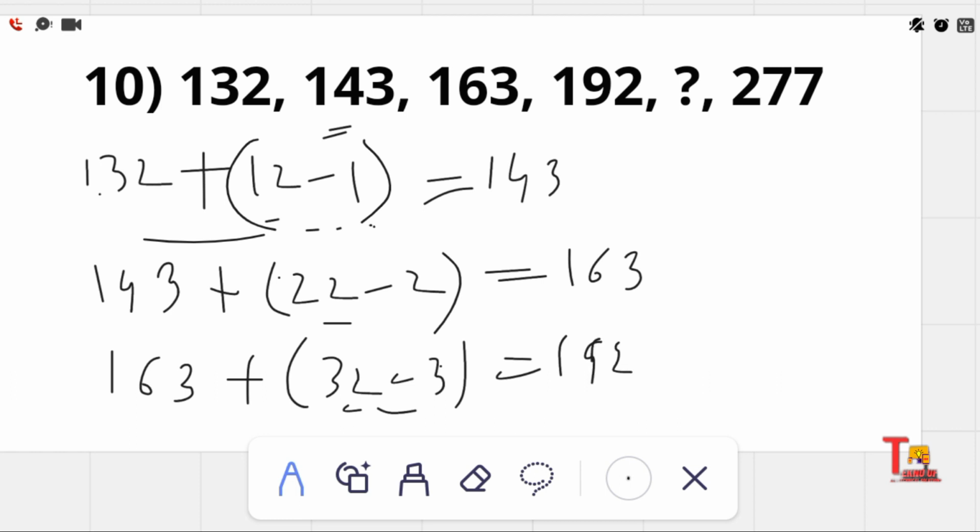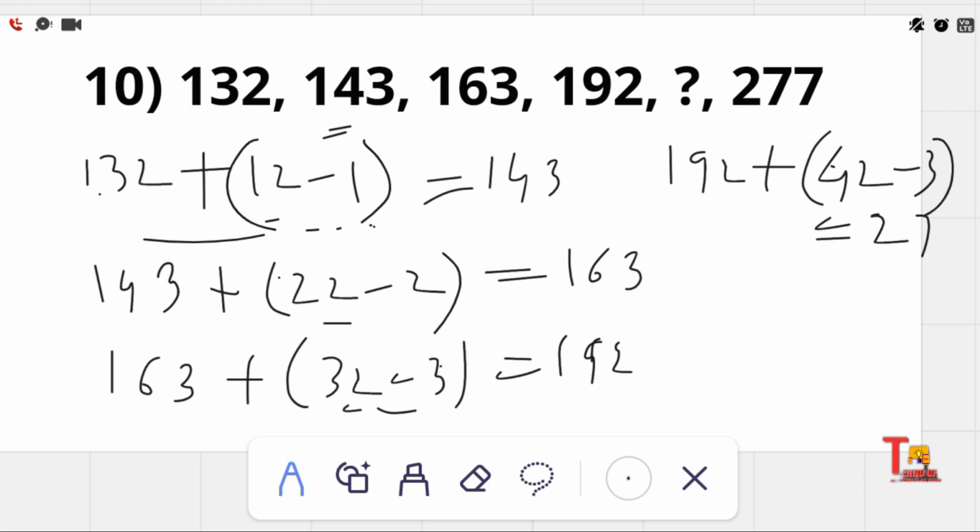So in the next line we will maintain the same sequence, so 192 will be added with 42 and decreased by 3. So what will be the answer? 42 minus 3, that is 39, that is 230. Actually 230 is the answer. And maintain the sequence and maintain the logic, then you will get it, but the answer is 230, right?